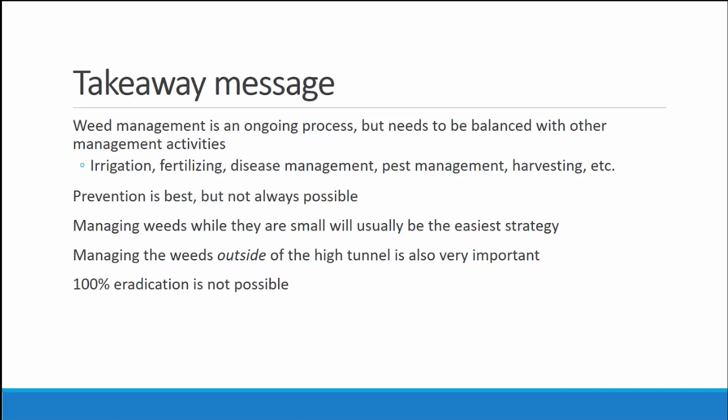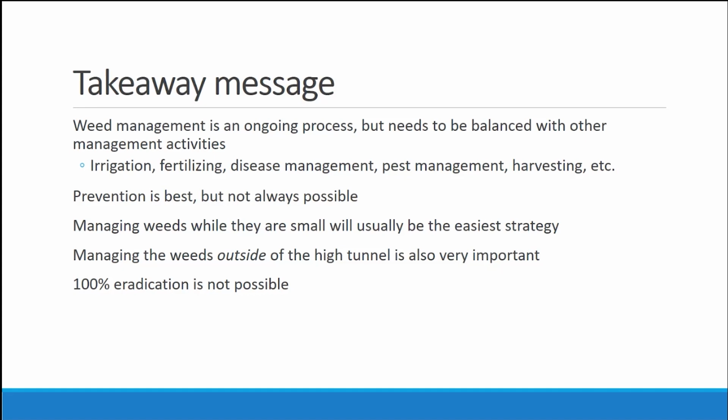Managing them while they're small will almost always be the easiest strategy. And managing weeds outside the high tunnel is so important. The weeds on the perimeter of your high tunnel can really influence the ventilation that your high tunnel is able to have, and the pest population that may be coming in.